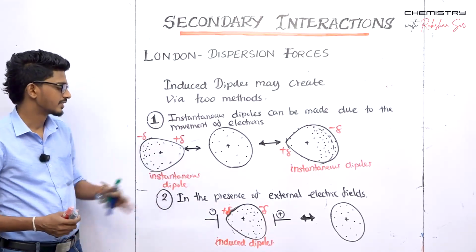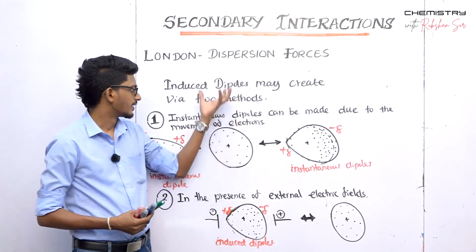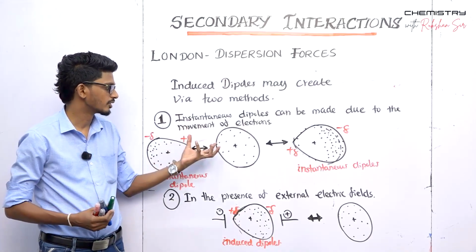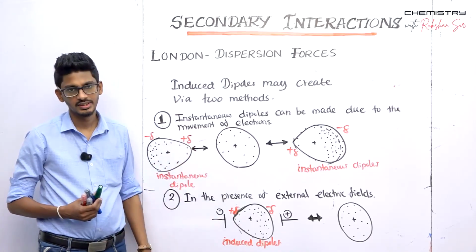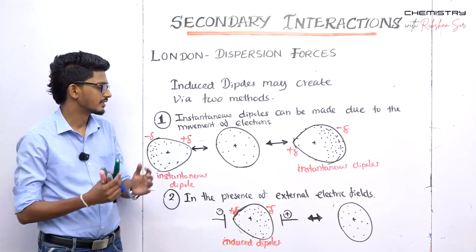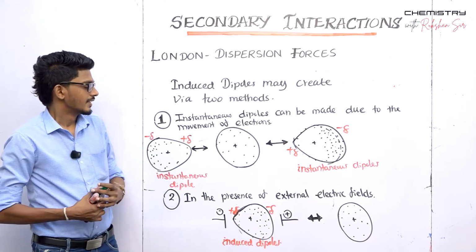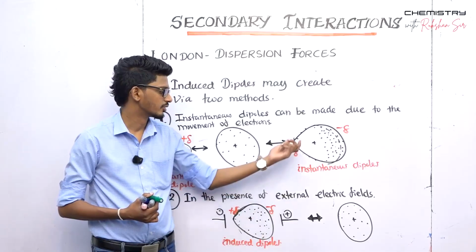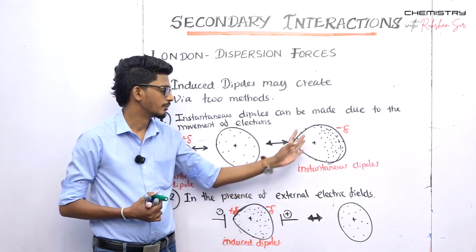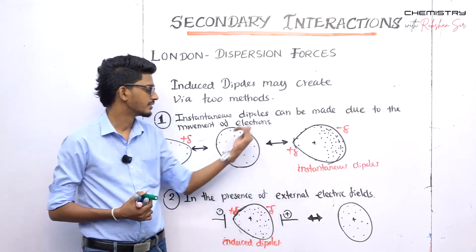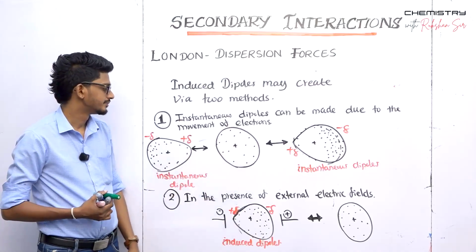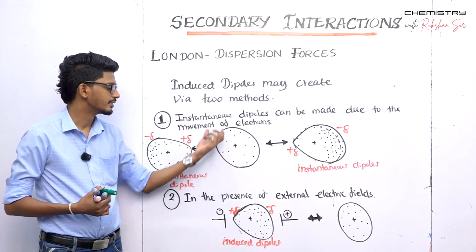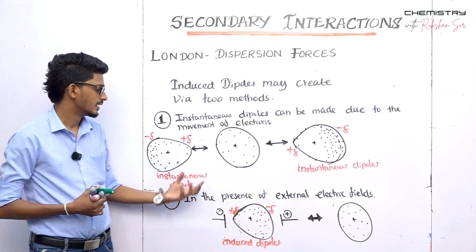These are two methods where the induced dipoles are produced because of the movement of electrons inside your molecules. At one instance, there could be a phase where you have more electrons at one corner and fewer electrons at the other corner, so dipoles will be created. At another instance, the poles may exchange or disappear. That is one way.